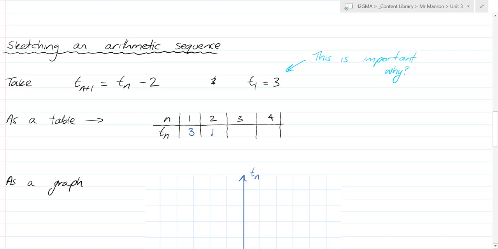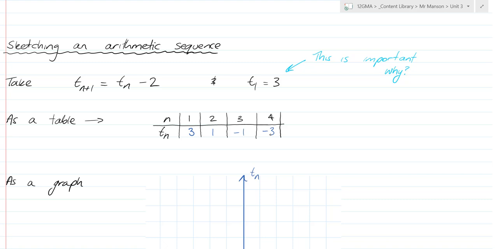Cool. What's the third term? Negative 1. What's the fourth term? Negative 3. So the recursive rule is the next term equals the previous term minus 2. So T1 is 3, therefore T2 is 3 minus 2, which is 1, and T3 is 1 minus 2, which is negative 1, etc., etc.